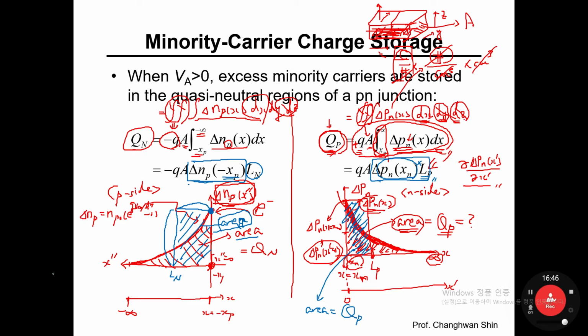So the total charge stored in the p side, I mean the stored charge of electrons injected into the p side, can be written with this equation: minus q times A times delta np of minus xp times the electron diffusion length in the p side. Okay, so in this slide we have summarized and derived Qn and Qp as minority carrier charge storage.